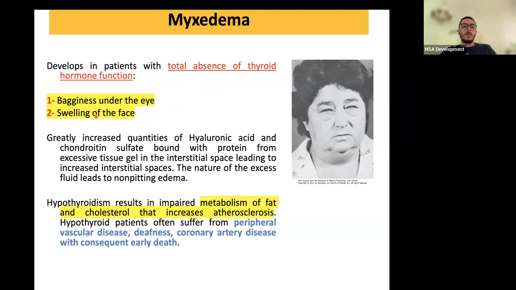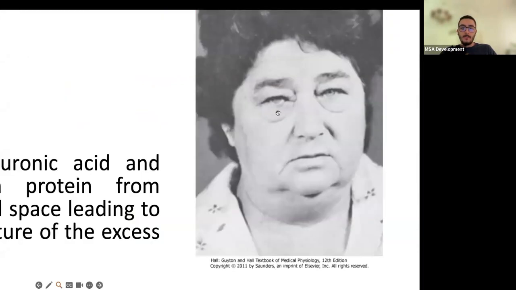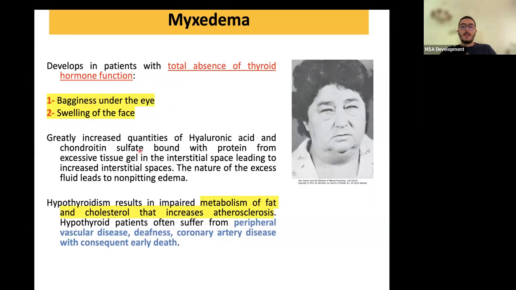The classical symptoms are bagginess under the eye. Look at the eye here, see bagginess under them, and swelling of the face. That's all you need to know. Hypothyroidism results in impaired metabolism of fat and cholesterol that increases atherosclerosis.